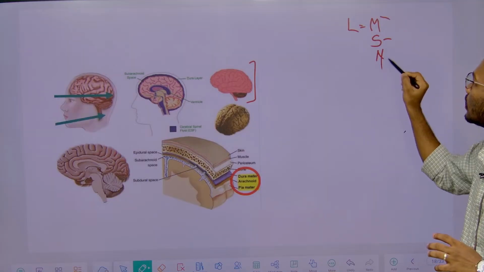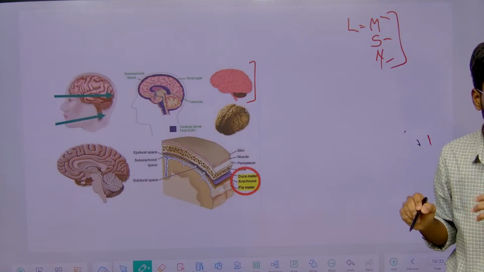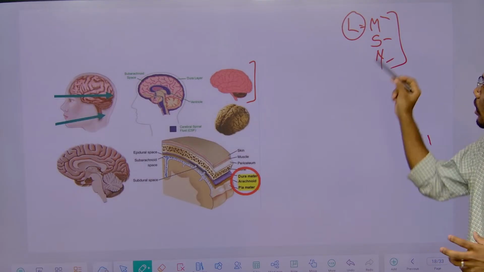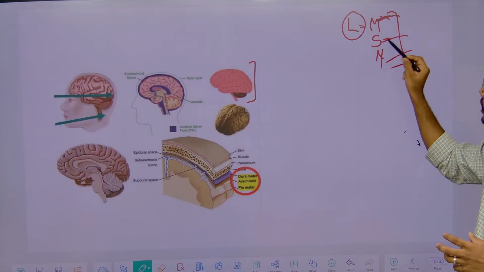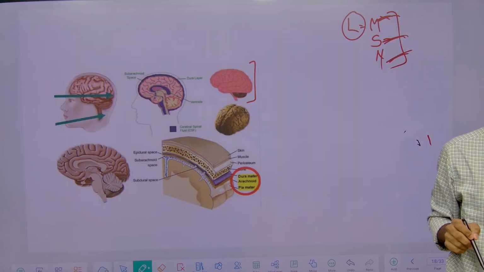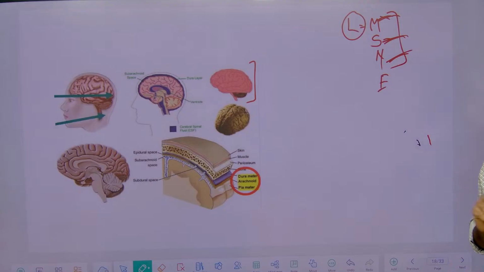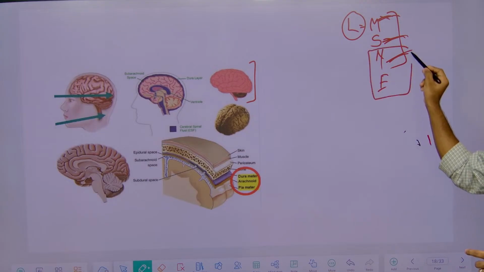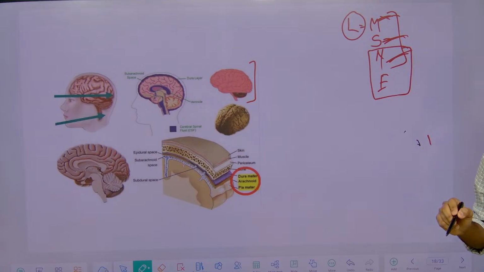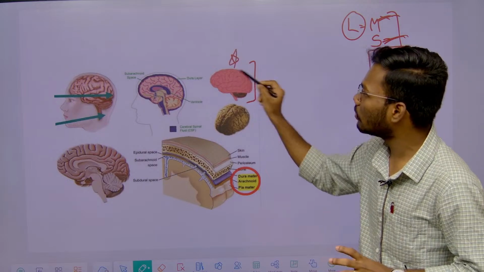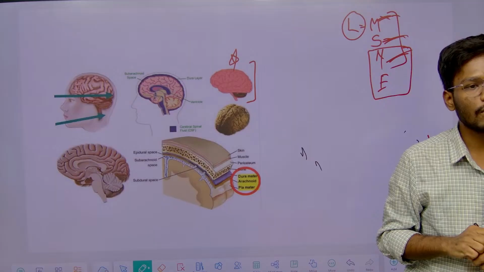These three systems are coordinated with one function, which is called locomotion. To perform locomotion, all these three systems have to coordinate. Likewise, another thing is endocrinology, and the nervous system and endocrinology combine together and perform all the body functions. For all these things, the brain is the controlling center.